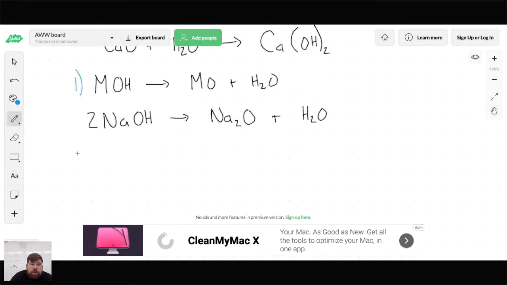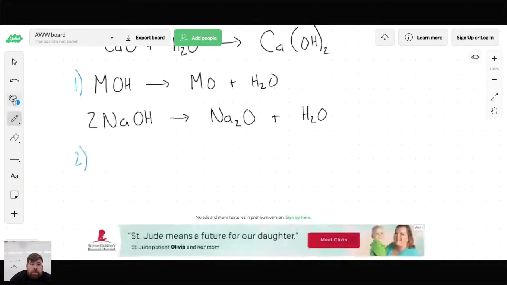The second one is going to be metal chlorates, and remember chlorate is ClO3. These will always decompose into the metal chloride and oxygen gas.